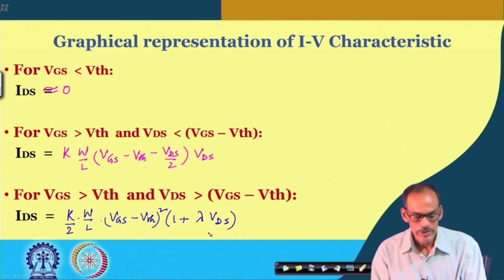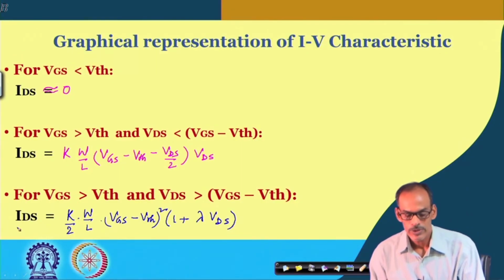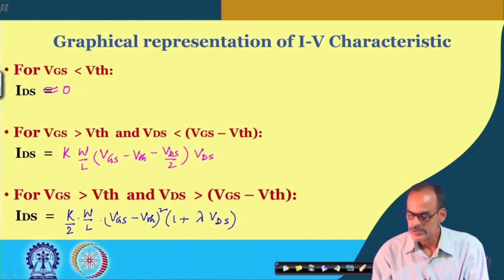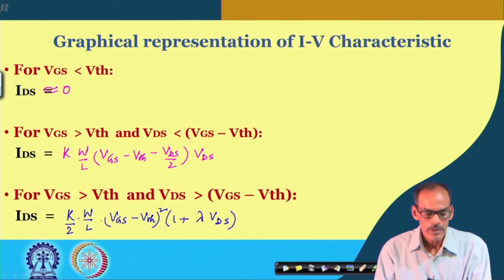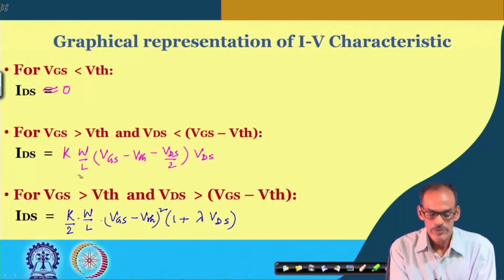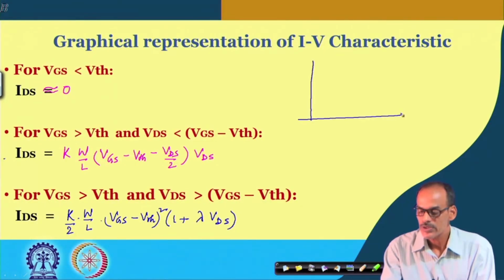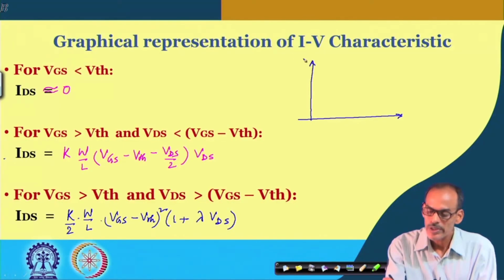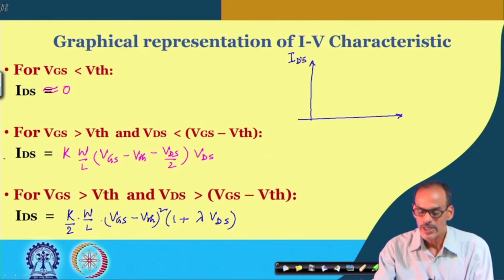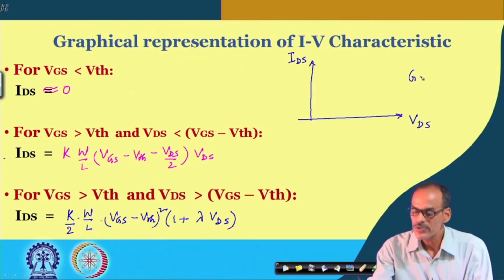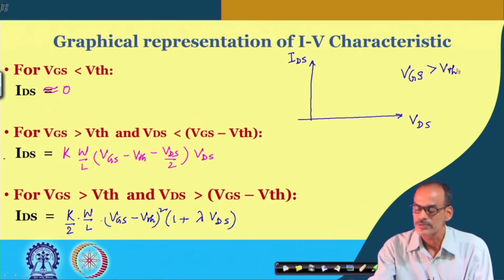So, if you plot this current IDS as a function of VGS and VDS, this is of course 0. Now, if you consider this region, you can consider two cases. Let me keep VGS constant and observe IDS as a function of VDS, assuming VGS is constant but higher than VTH.